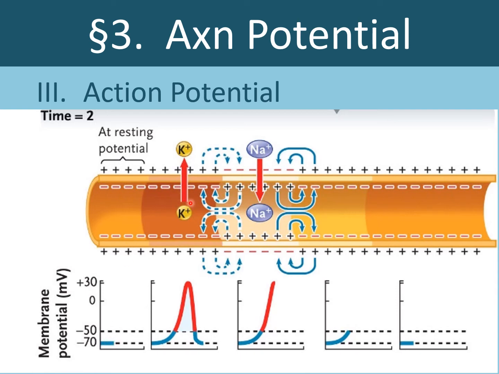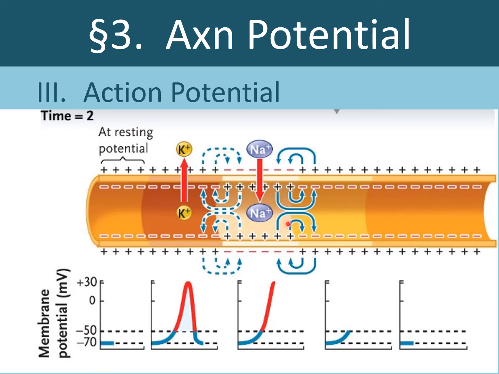Now in this region of the axon, we're still at the stage where potassium is flowing out of the cell. The cell is becoming hyperpolarized as extra potassium leaves. In this region of the axon, sodium is still rushing in. So we're at one of the first stages, the depolarization stage, in this region of the axon.